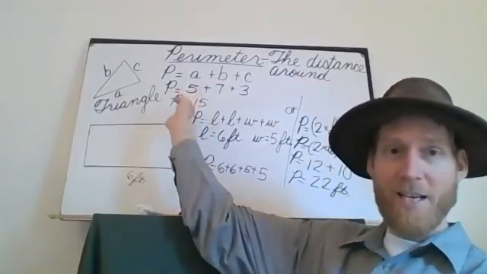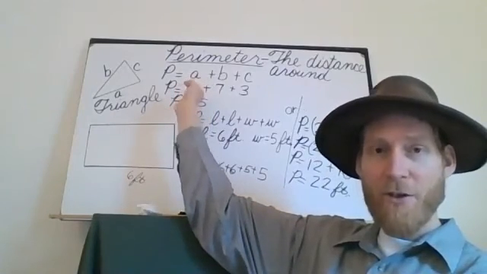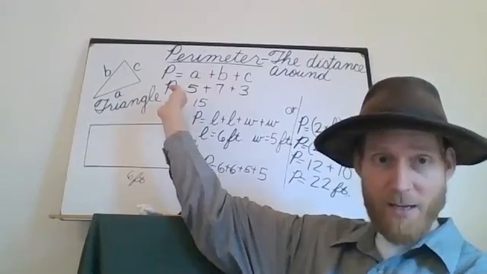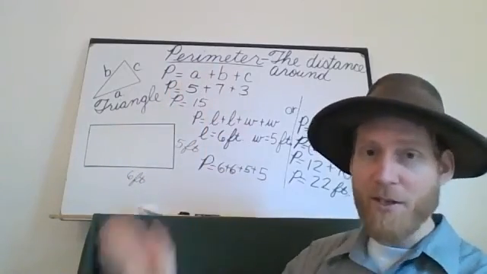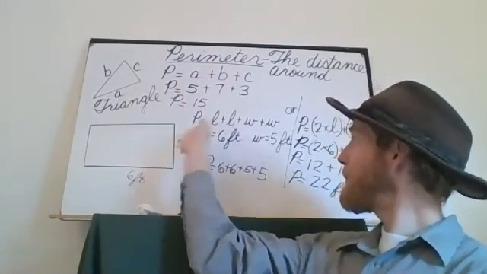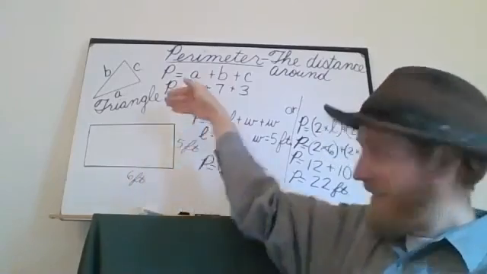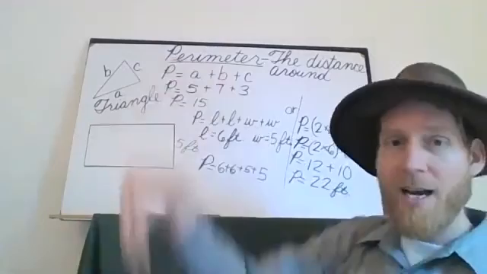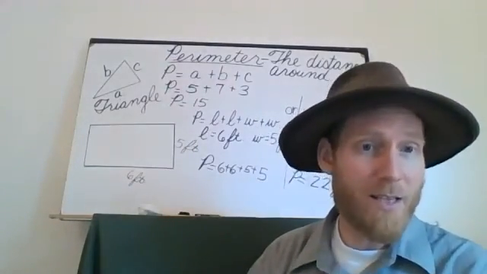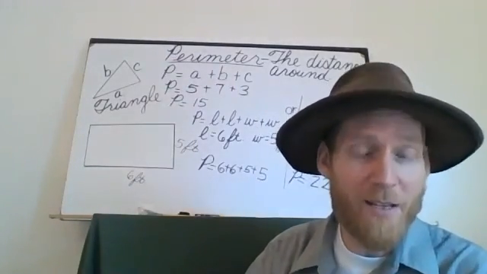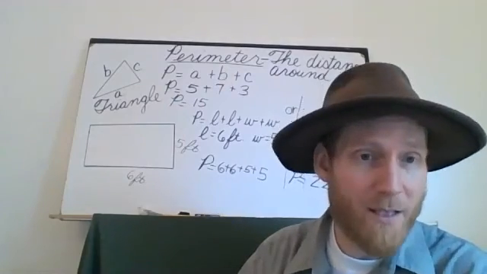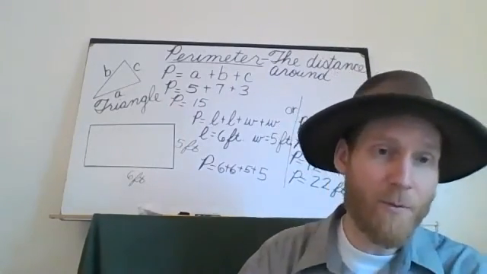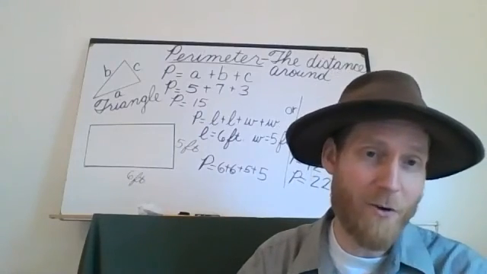You'll be memorizing the perimeter of a triangle, A plus B plus C formula, and the perimeter for a rectangle, it's behind me, using the formula either length plus width plus width, or 2 times the length plus 2 times the width. Memorize the formula and it'll help you out later on.